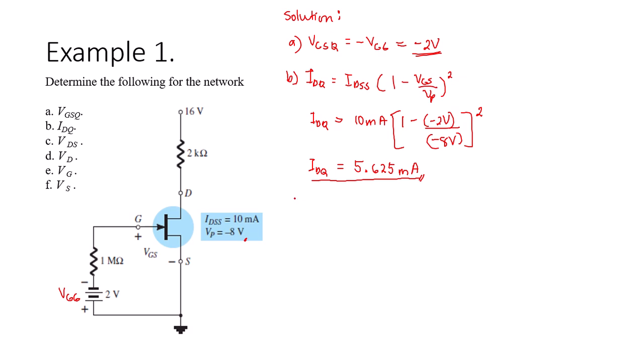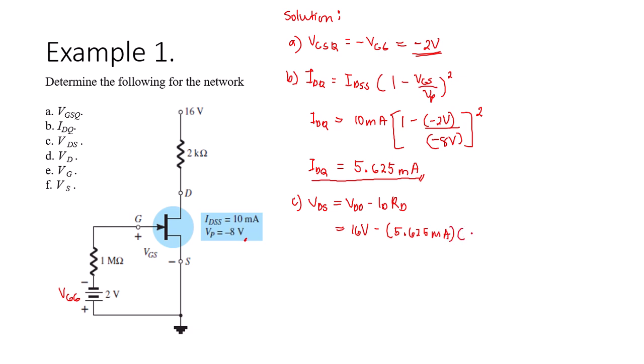So next is the value of the VDS. VDS can be obtained with the equation VDD minus ID RD. VDD is given with a value of 16 volts. ID, we have already computed, which is equal to 5.625 milliamperes.